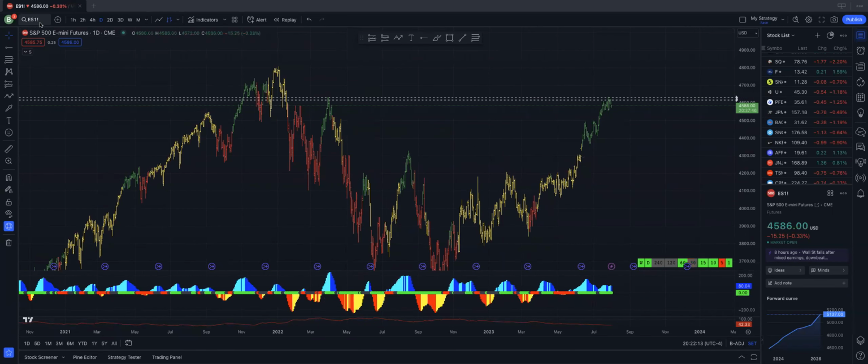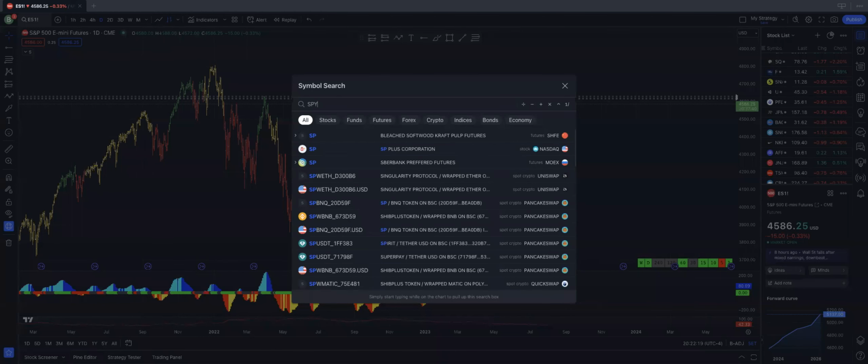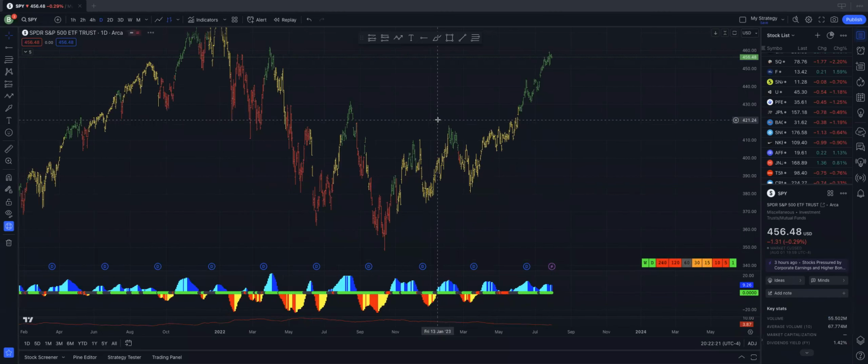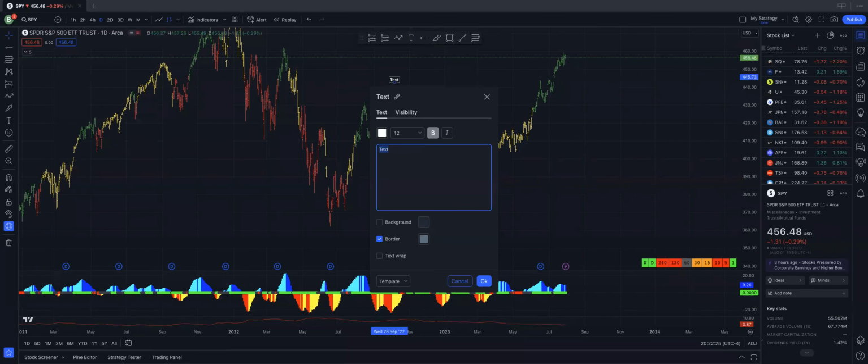So when you're picking support and resistance, just to recap real quick, first you have moving averages. Those are your first support and resistance levels.